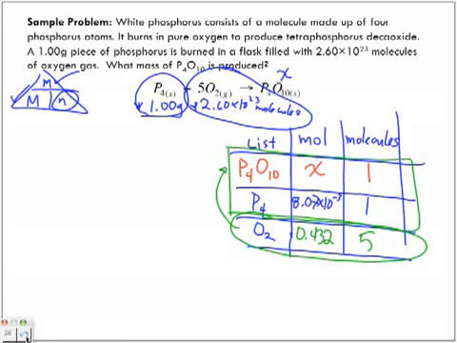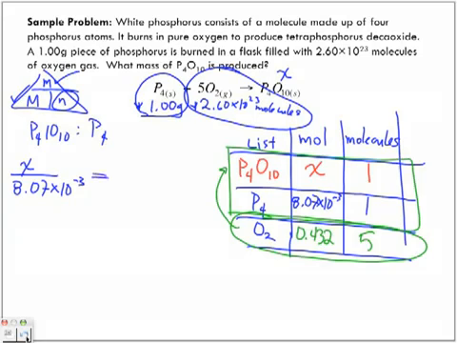Let's find our mole ratio, when we're trying to figure out the number of moles of tetraphosphorus decoxide relative to just the phosphorus. So we have X moles of tetraphosphorus decoxide over 8.07 times 10 to the negative 3 moles of the phosphorus.